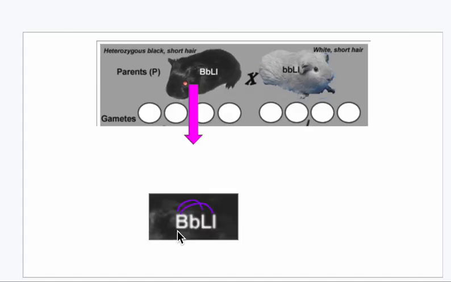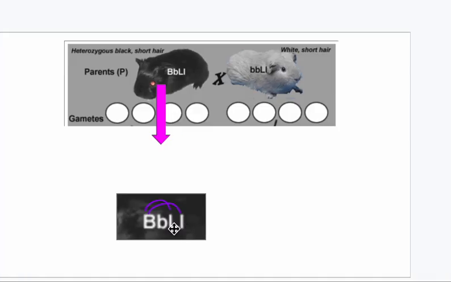We've got our genotype right here. We start with the first letter of the genotype, so we have our capital B here. We're going to pair our capital B with the first letter of the second set of genotypes, so capital B is going to be paired with capital L. And then capital B is going to be paired with the second letter, so it will be capital B, lowercase l.